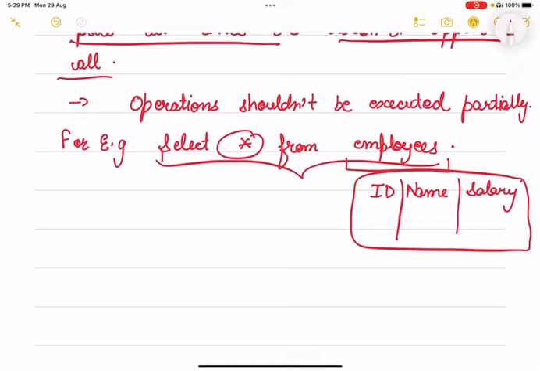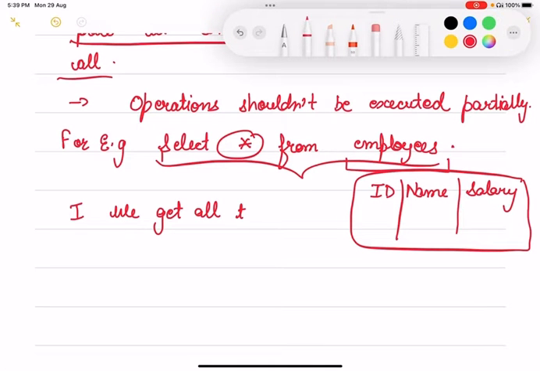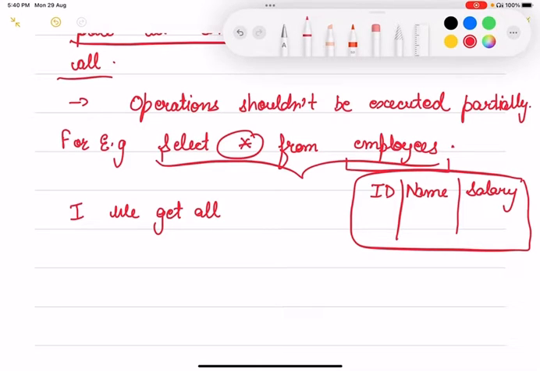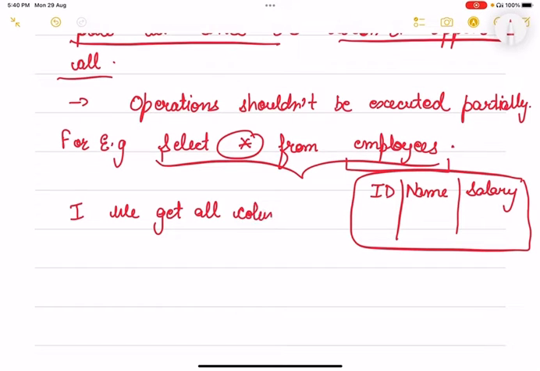There will be two possibilities. First one is we get all columns from the table.